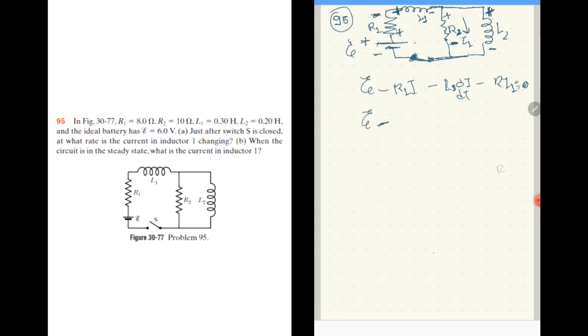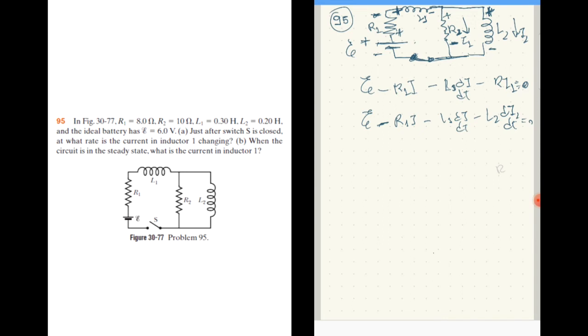For the second, more external path, we get the same thing, and the only thing we have to change is that the current is now passing through inductor 2. The current 2 is the current passing through inductor 2.